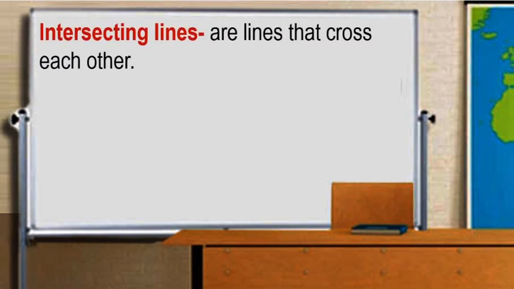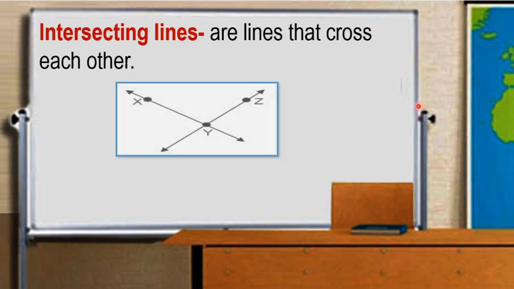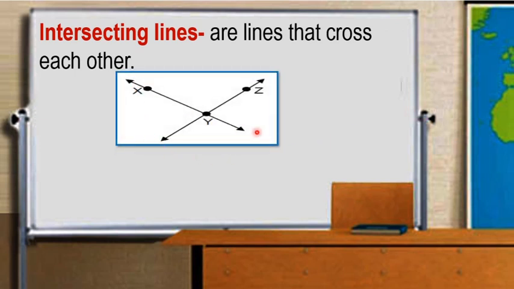The second one is intersecting lines. When we say intersecting lines, these are lines that cross each other. So let's have our illustration. So we have here two lines, line X and line Z. Try to look at our illustration. The two lines intersect each other or cross each other.